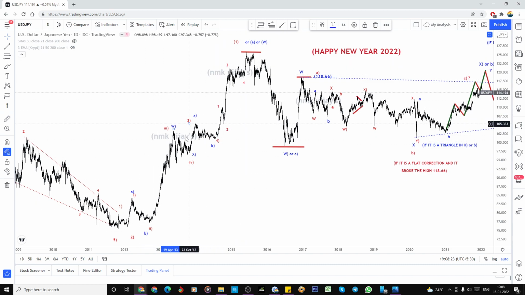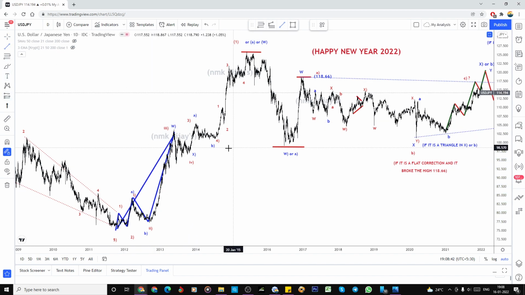But one more possibility is there. What is the possibility? 1, 2, 3, right, 4, and the fifth wave got extended. So that means the whole thing becomes A, and B is a triangle.